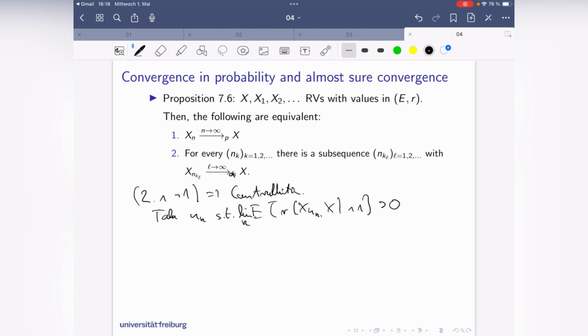So on the one hand, as k goes to infinity, the expectation of ρ(X_{n_k}, X) minimum 1 is bigger than 0.